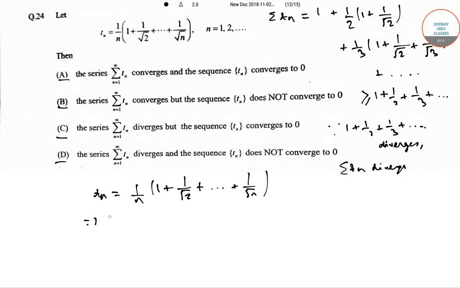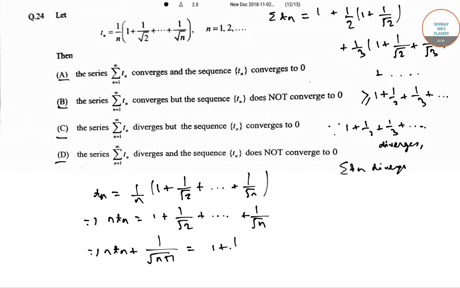Now multiplying both sides by n, we get nTn = 1 + 1/√2 + ... + 1/√n. Adding 1/√(n+1) to both sides, we get nTn + 1/√(n+1) = 1 + 1/√2 + ... + 1/√n + 1/√(n+1).